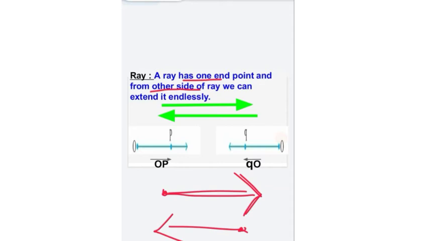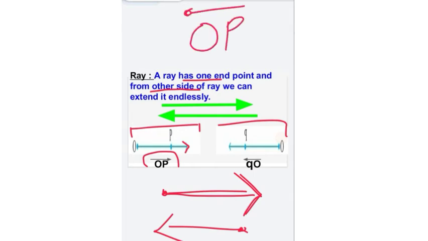Now how can we represent a ray? Let's focus on this ray. We have PQ in which the arrow is on the side of P. So while representing its name, we put a dot on the side where we have the dot.